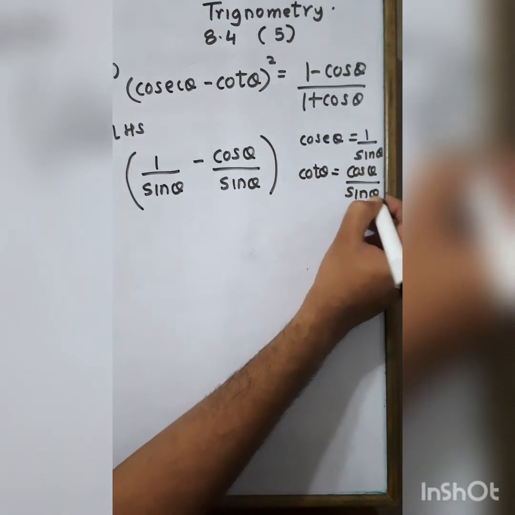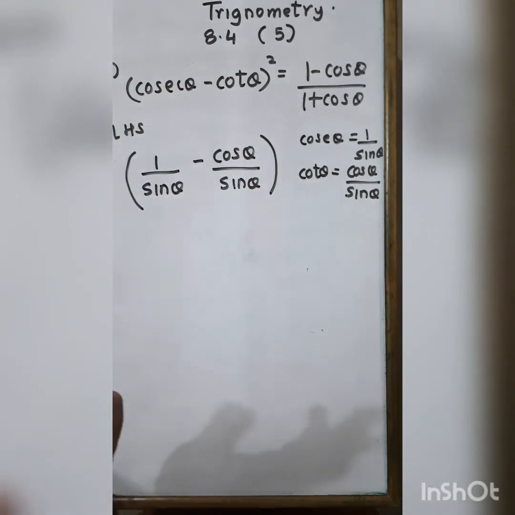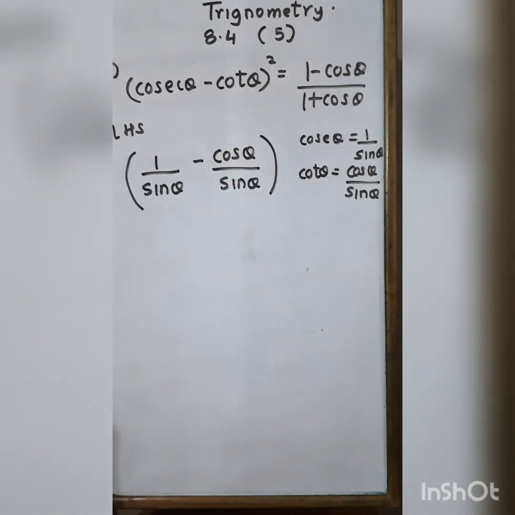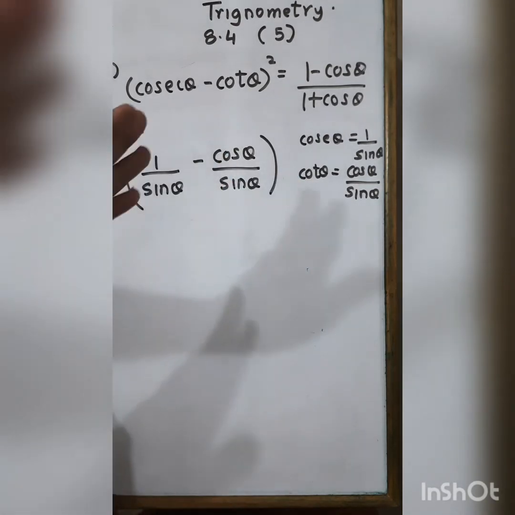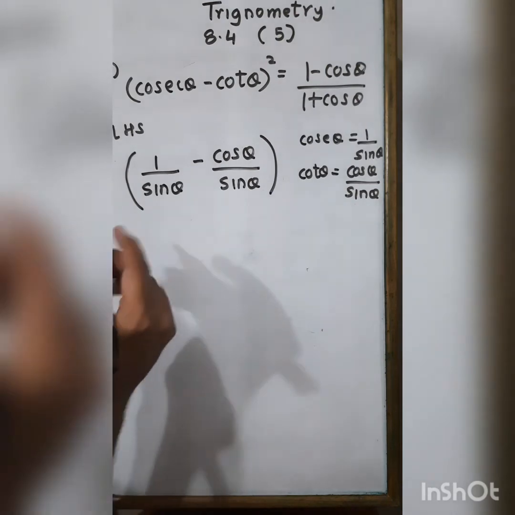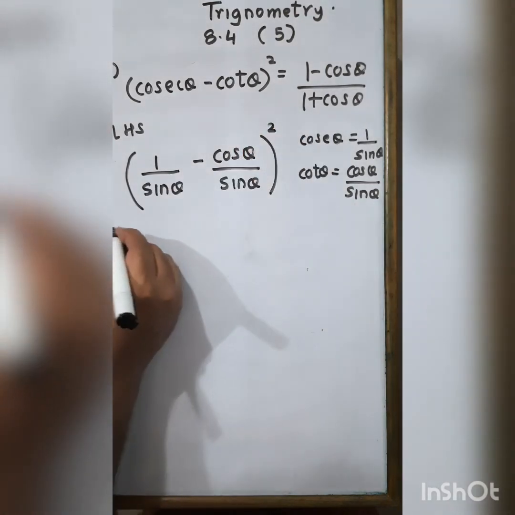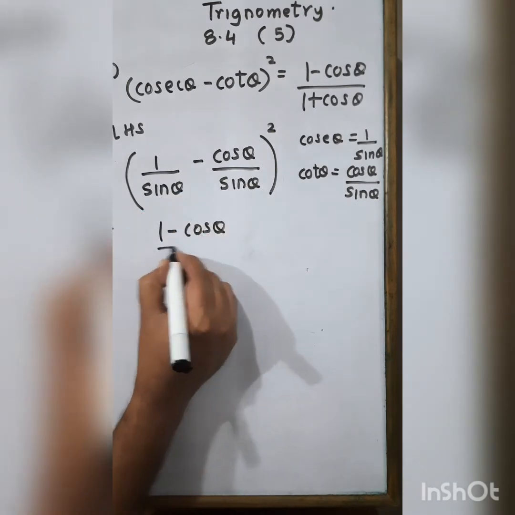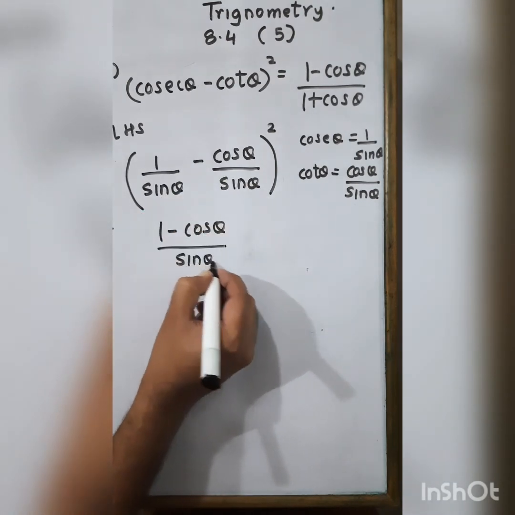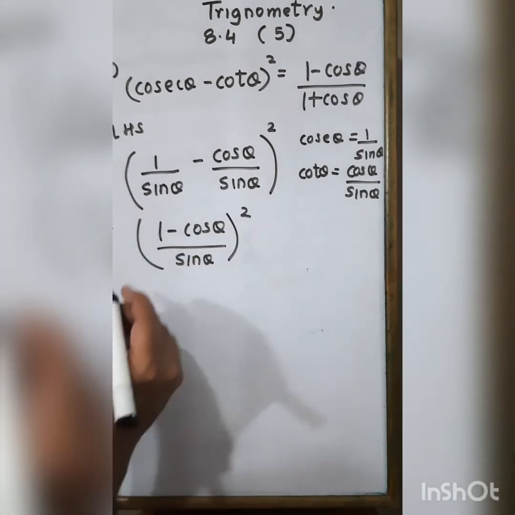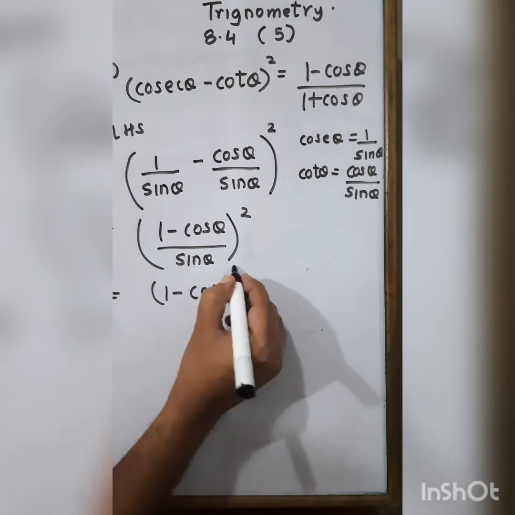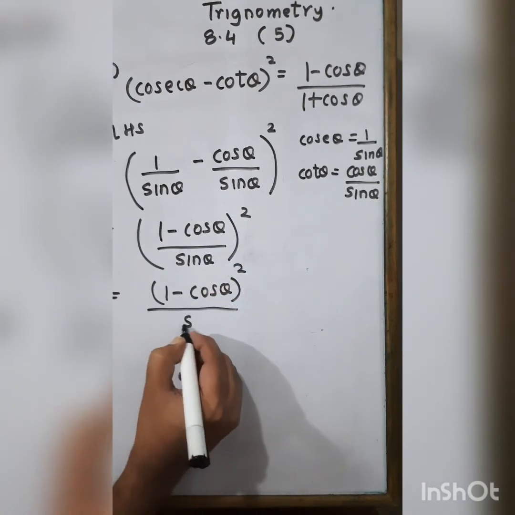Whenever you are using the formulas which I have told you, like reciprocal formulas or identities, beside that you have to write them. So this becomes, and the whole square, this becomes 1 minus cos theta. The denominator is the same, so it becomes upon sin theta, the whole square. So this becomes 1 minus cos theta the whole square, divided by sin square theta.